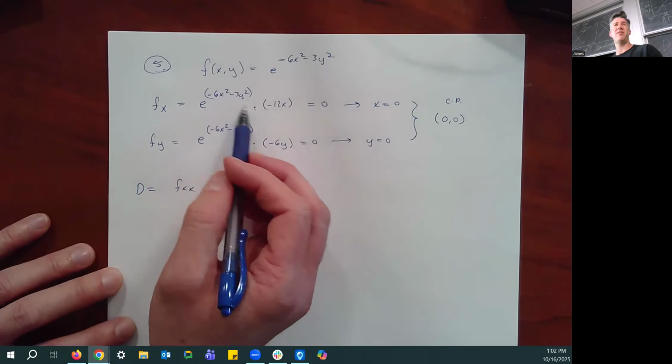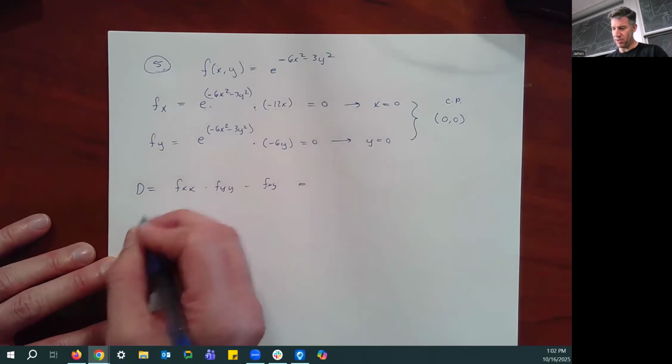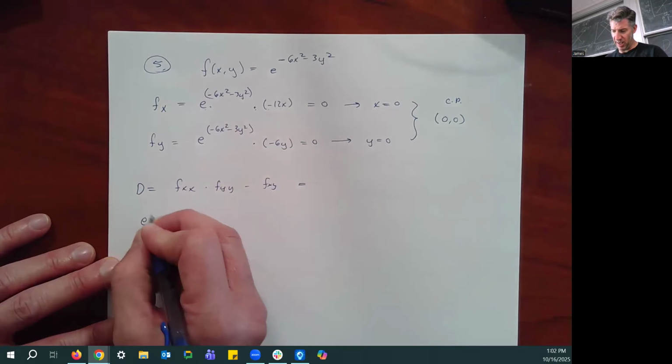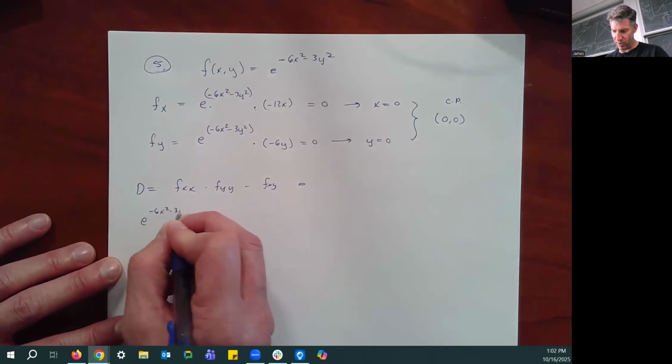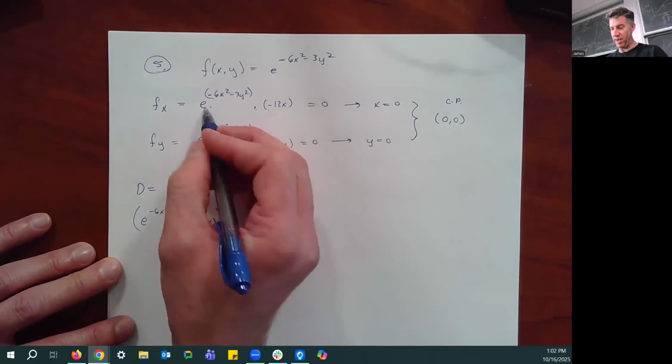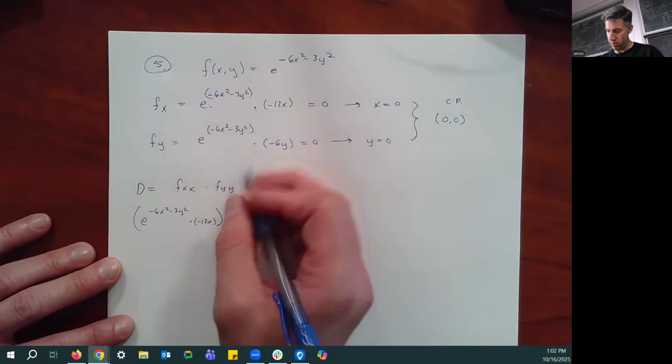So fxx, we have to use the product rule. It's going to be e to the stuff. So it's going to be the derivative of this first part, which is the e to the negative 6x squared minus 3y squared times negative 12x. That's the derivative of this, and then we have to multiply it by the other piece not differentiated.